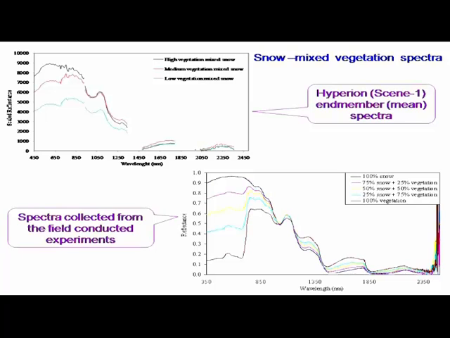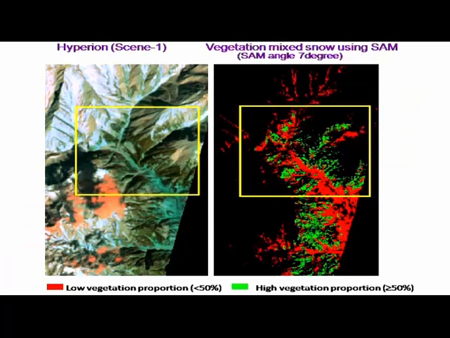We collected the spectra for the medium vegetation mix snow or the low vegetation mix snow, like that, and we also compared them with our field-conducted experiment.